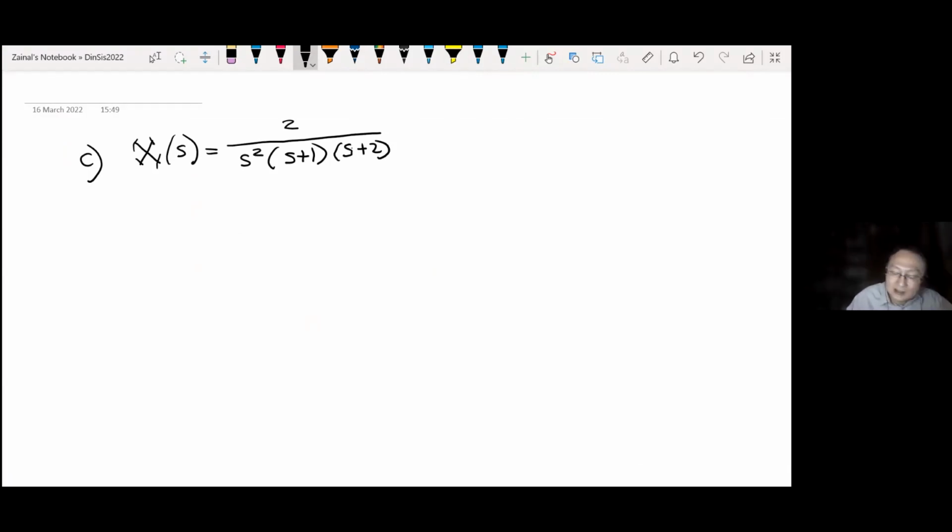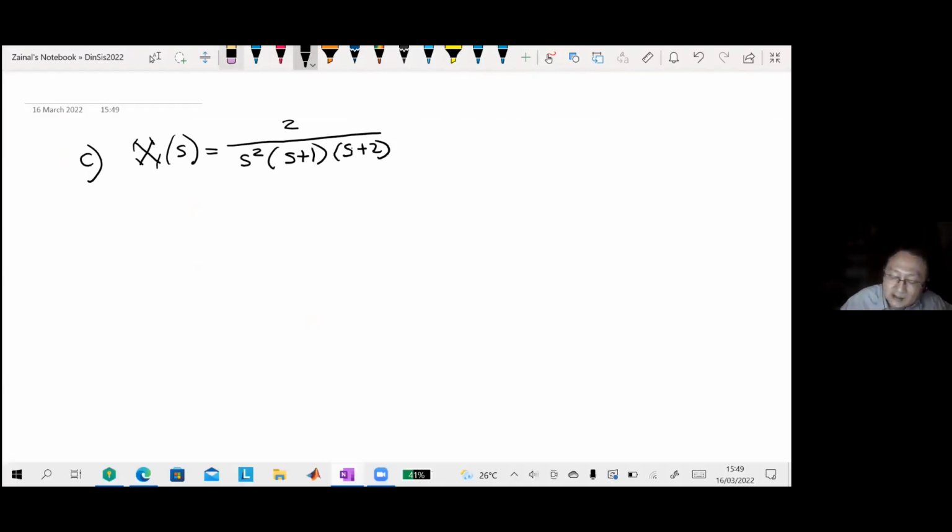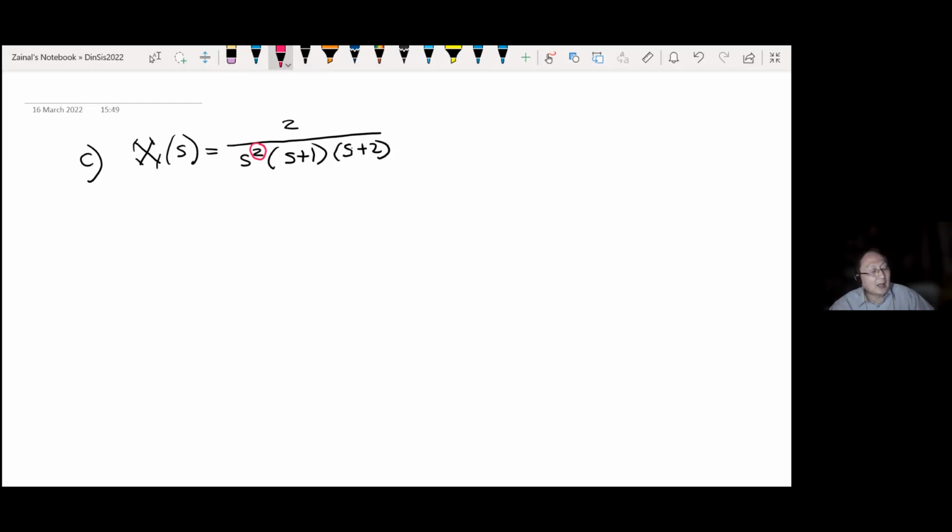Look, you have a double pole, or double root, there.